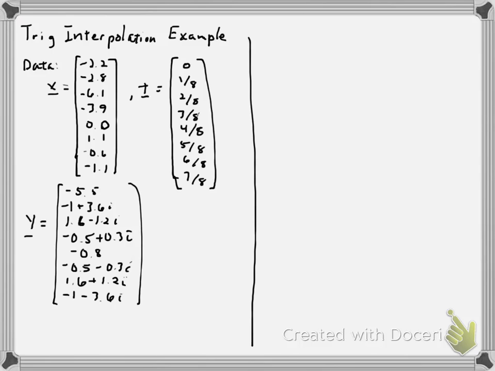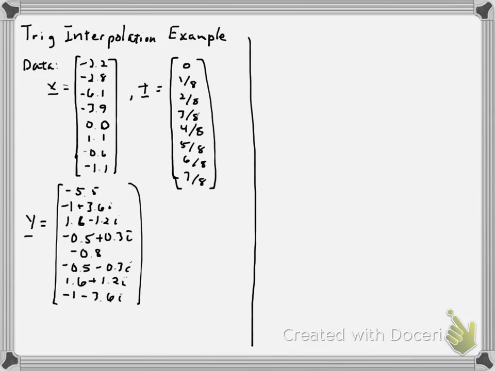Okay. So now you can see what the a's are and the b's are, and we plug this in to p sub n of t. And that's the p sub n of t that is in corollary 10.8.